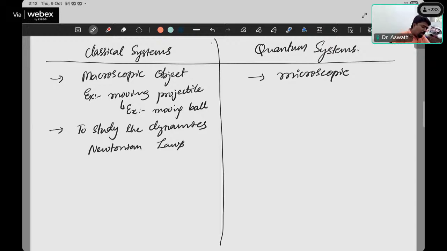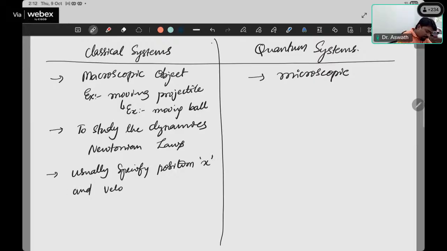For an object which is moving, we usually specify the position x and the velocity with which it is moving. Not simply velocity: I multiply the velocity by mass and get the linear momentum.